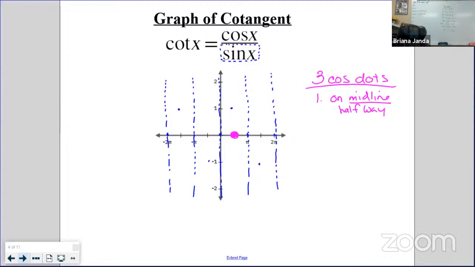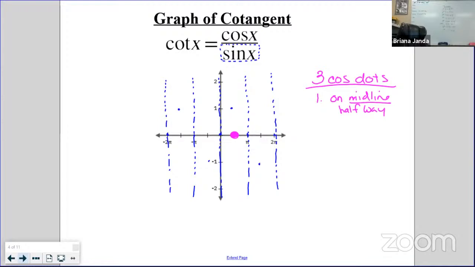But remember that cotangent is just the reciprocal of tangent. So the thing about tangent's value of 1, when you turn 1 upside down, isn't it still 1? But pi over 4 is left halfway up 1. And so what happens is it looks like that tangent graph turned upside down. They are reciprocals of each other. That should make sense, okay?